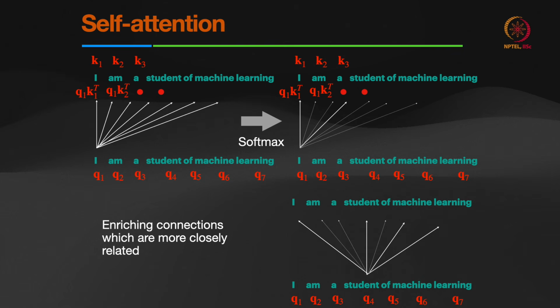Again, this is not enforced or applied as a rule, this is what you expect the model to learn from the data: what associations are important to be learned, what associations need to be emphasized and what associations need to be de-emphasized. So the fundamental processing step here is enriching connections which are closely related and using that as a weight to subsequently improve your embeddings or representations.